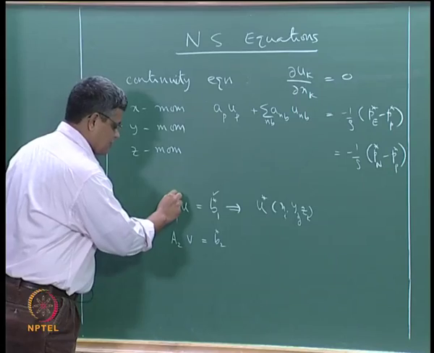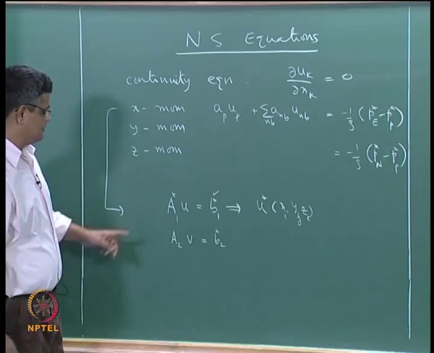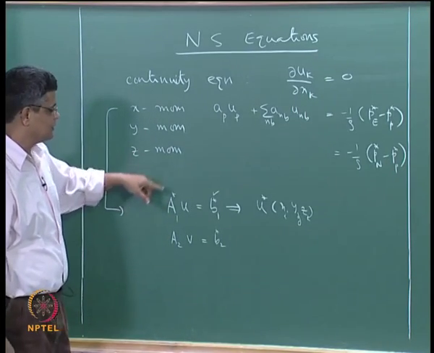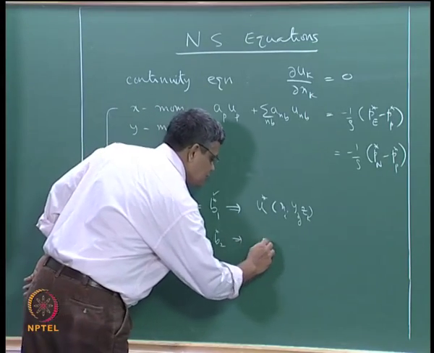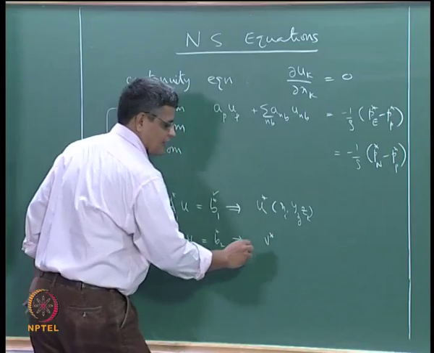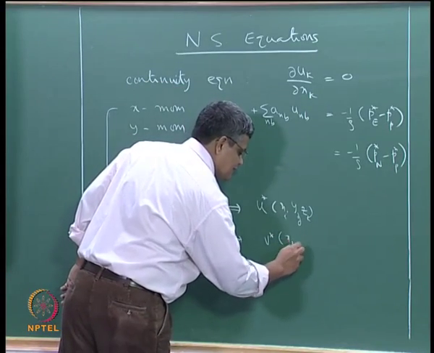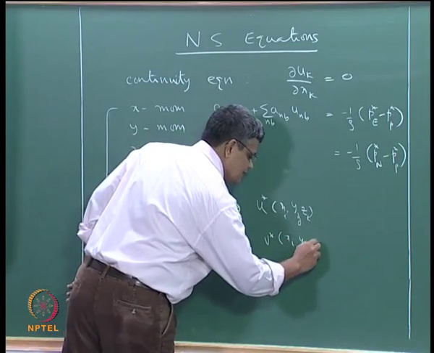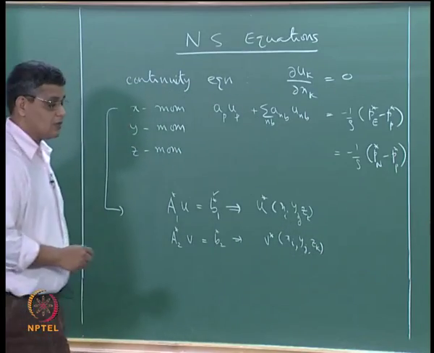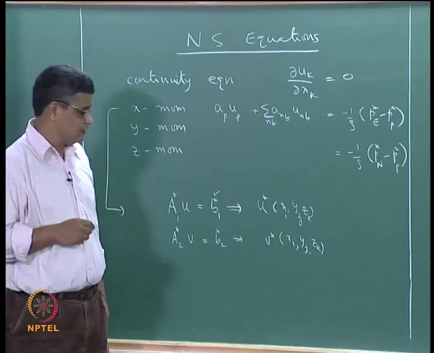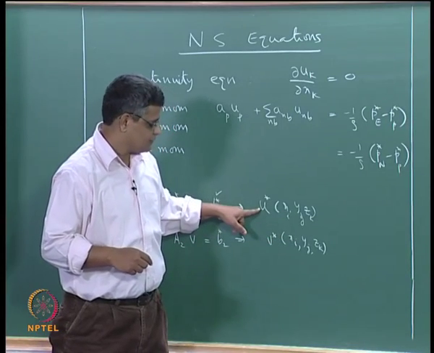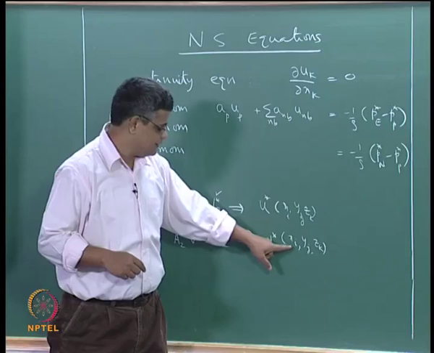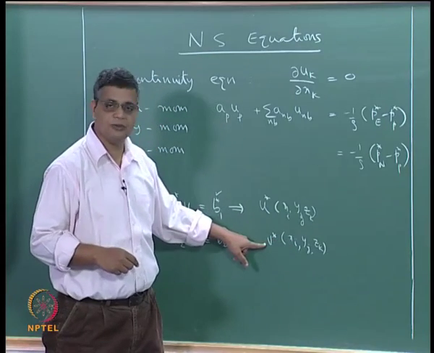This is also based on a starred velocity field, especially for the unknown components. So we solve this to get v star again as a function of xi, yj and zk. We notice that if you are using a staggered grid, then the xi coming in the u momentum equation is different from the xi coming in the y momentum equation.